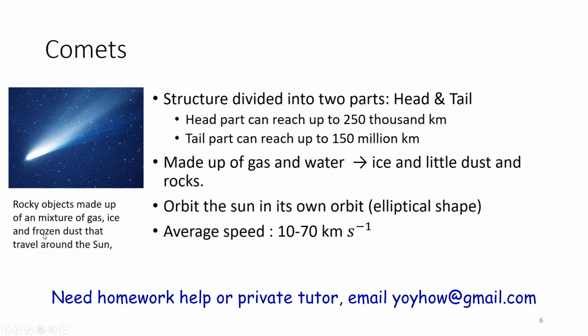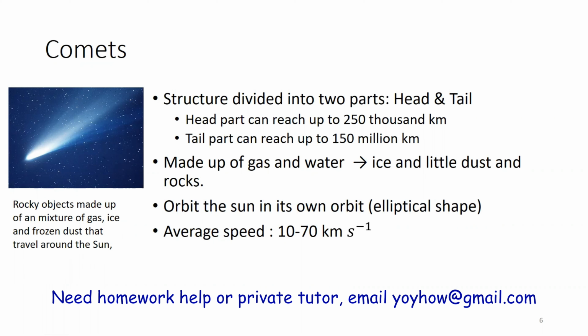Your comet is formed from a rocky object, a mixture of gas, ice, and frozen dust that travels around the sun. So your comet orbits on its orbit. Always remember, class, only meteorites do not orbit freely. The rest, asteroids and comets, do.